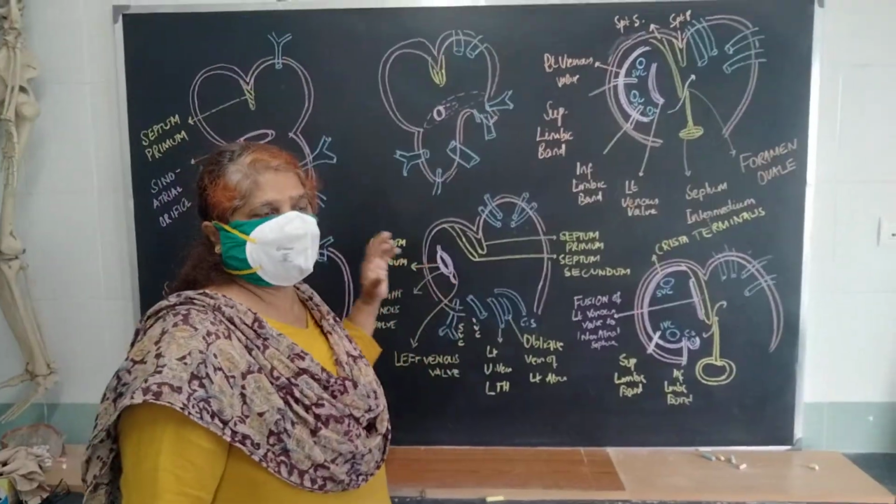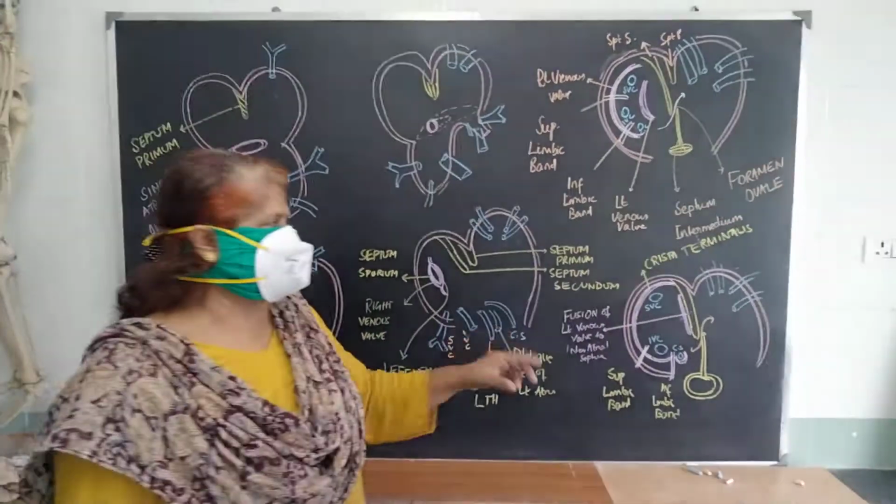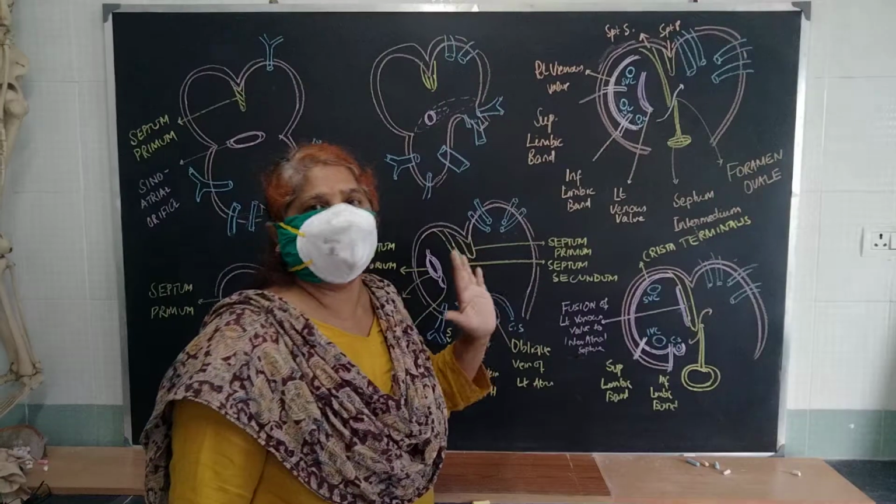The smooth part of the right side is the absorbed part of the superior vena cava, and the smooth part of the left atrium is derived from the absorbed part of the pulmonary veins. Okay.